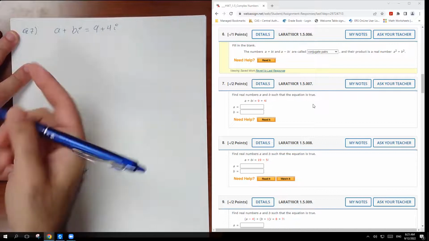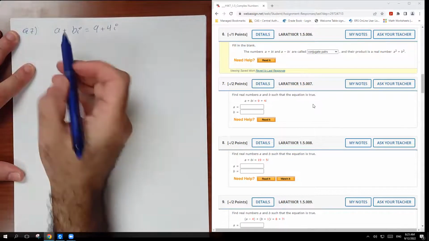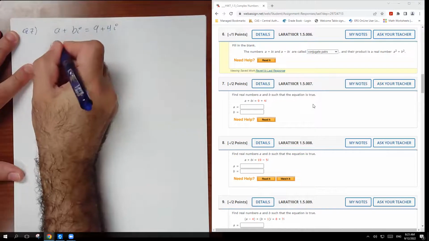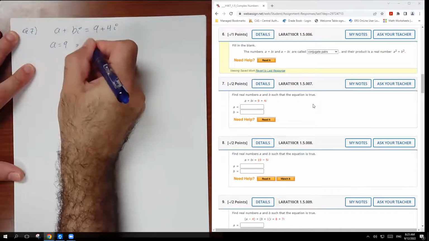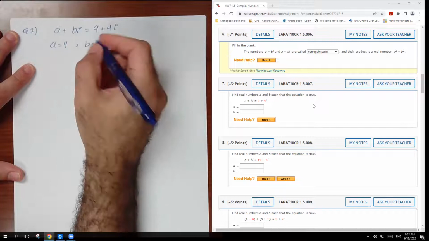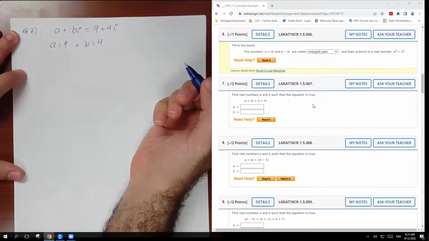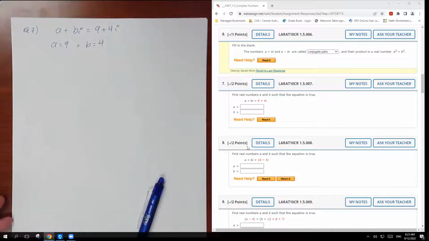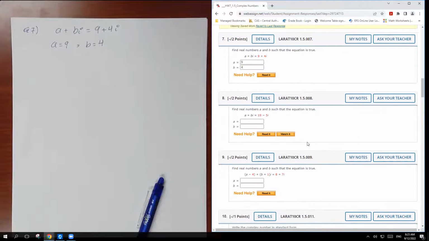They ask you to just find how much a is going to be and how much b. a is the real part, which is equal to 9, and b is going to be equal to 4. That's it. That's the solution for this one. You're going to spend 5 seconds. You're just going to type 9 here, and b is 4.